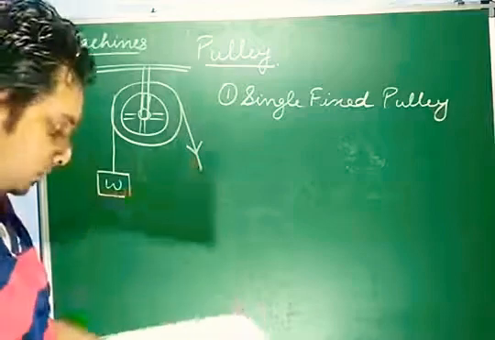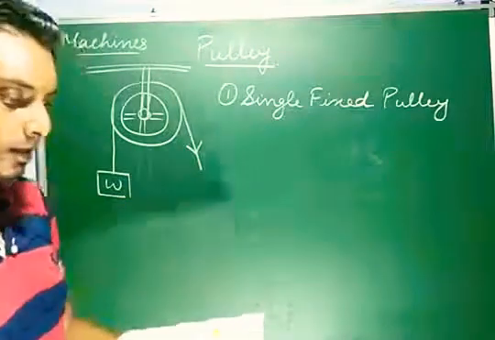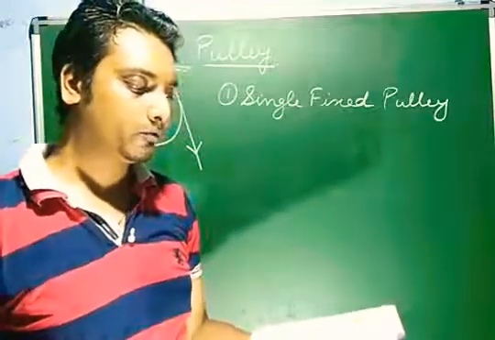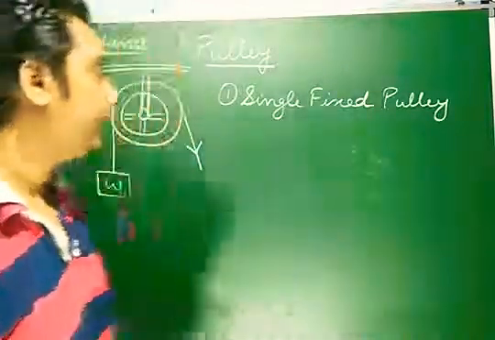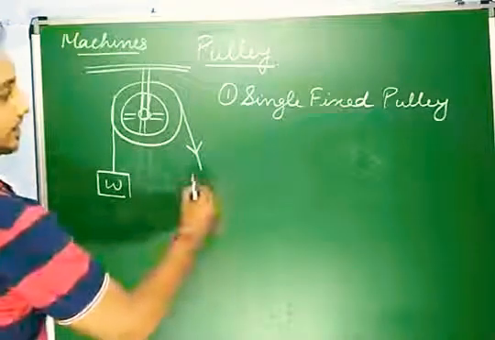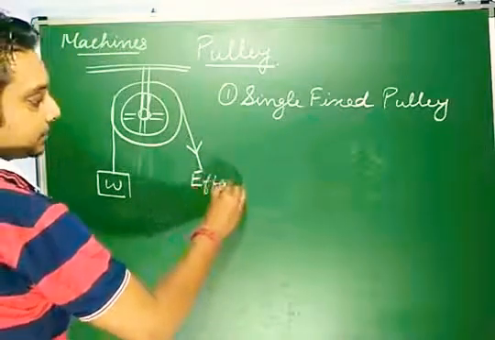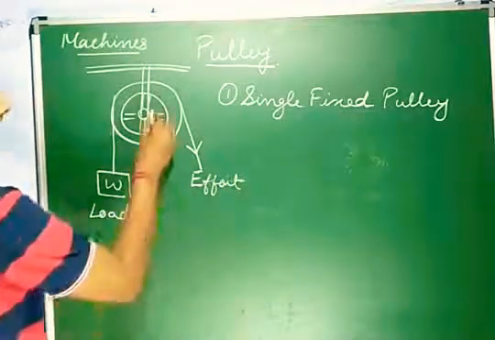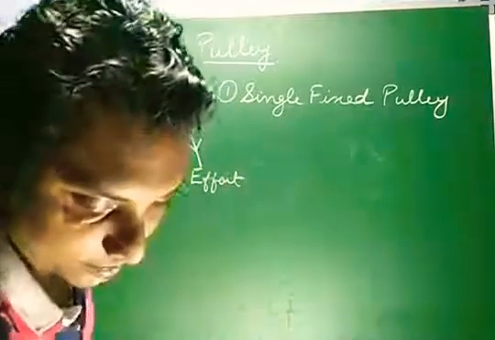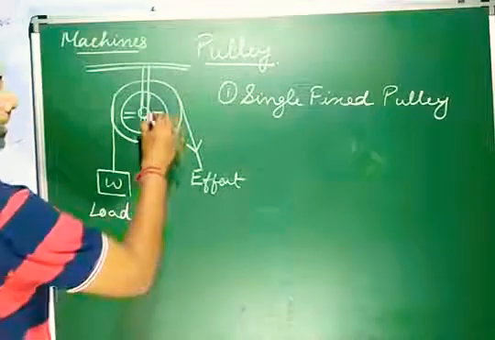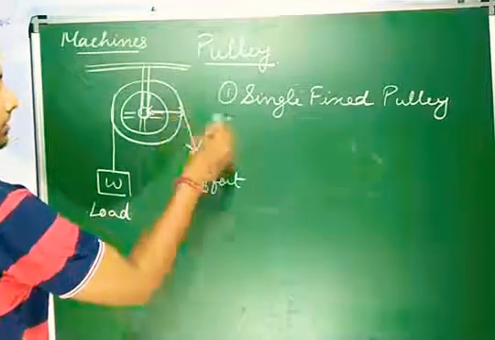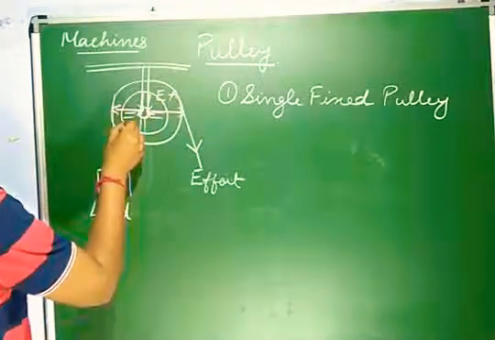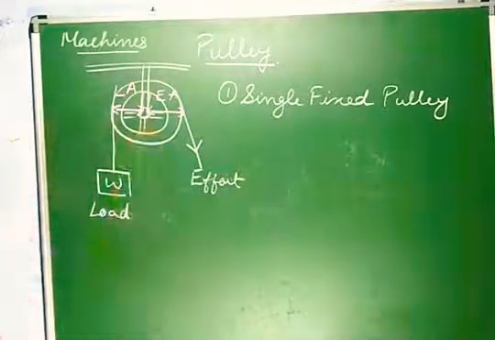In a single fixed pulley, the distance moved by the load is equal to the distance moved by the effort. Why can we say this? If we say that this is the effort and this is the load, then from here to here will be the effort arm and from here to here will be the load arm.